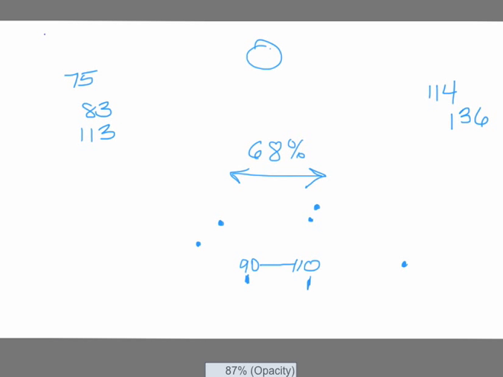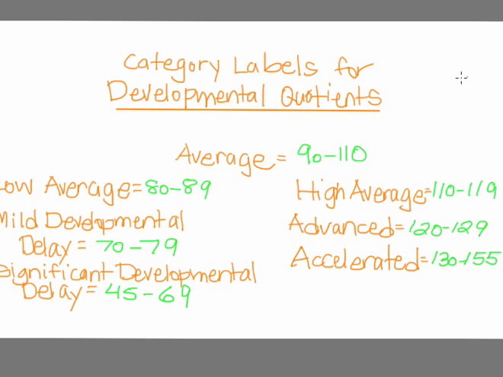And we'll take a look at what the Battelle defines for each category. So each category has a range of standard scores, and if your child falls into that standard score range, then they fall into that category according to the Battelle.